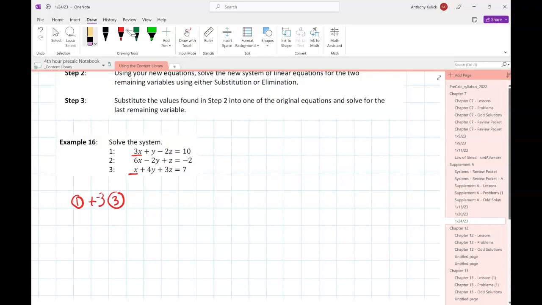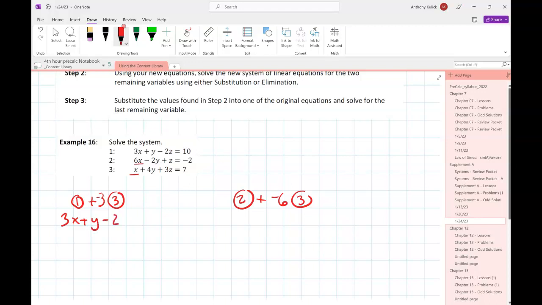And then if we do the same thing, so now I want to eliminate the x's from equation 2. What do I need to multiply equation 3 by to eliminate the x's from equation 2? -6. Yeah.